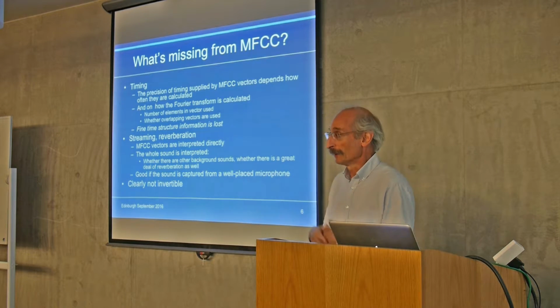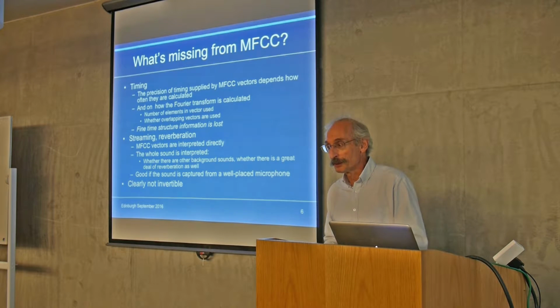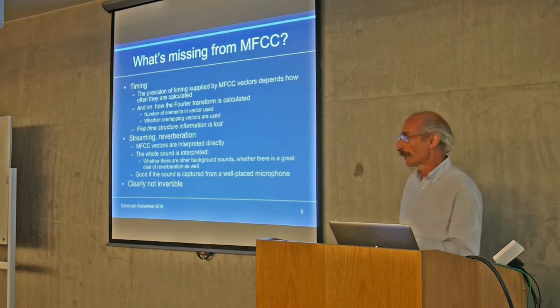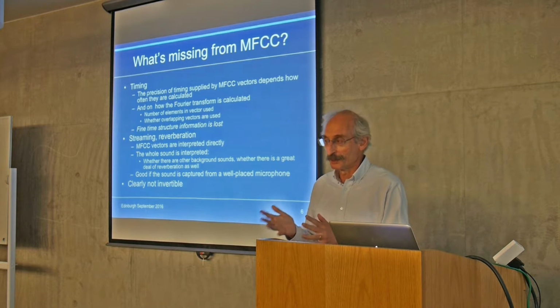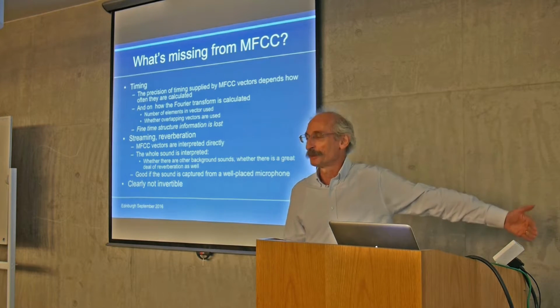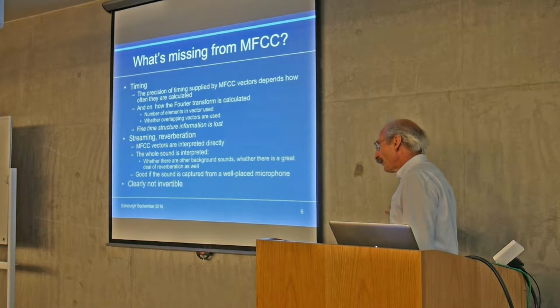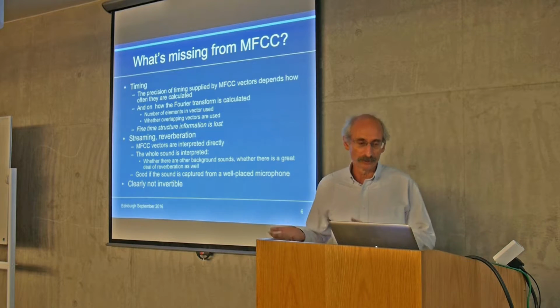In most environments, like this room, for example, reverberation is really quite considerable. There isn't a lot of extraneous noise in here, but we're used to working with extraneous noise a lot. In the building I'm working in at the moment, they're building another building just outside it, and there's plenty of extraneous noise there. So that's fine if you've got a good, well-placed microphone and not very much reverberation and so forth.